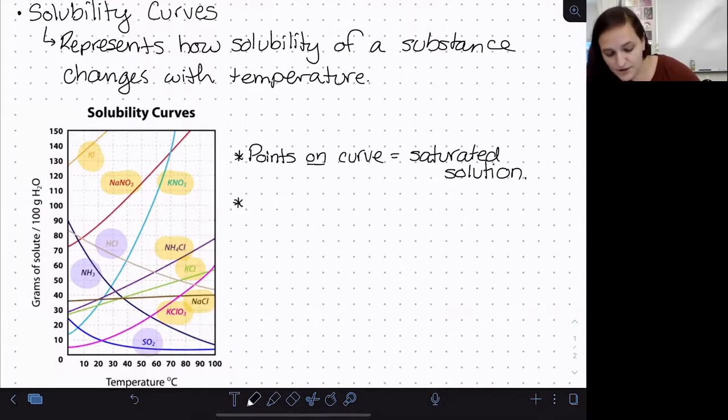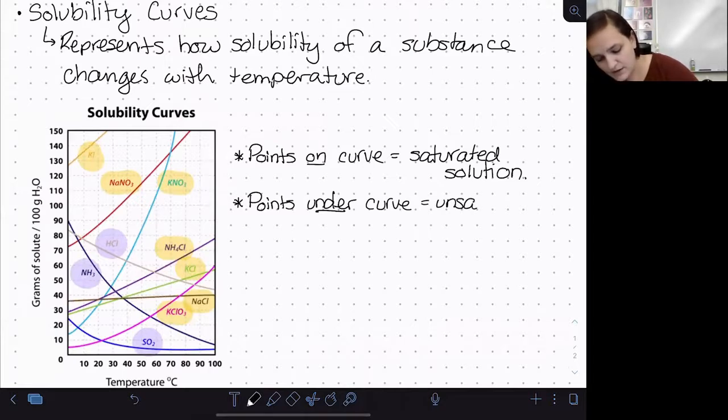Anything underneath the curve would represent an unsaturated solution. That is less than the maximum.